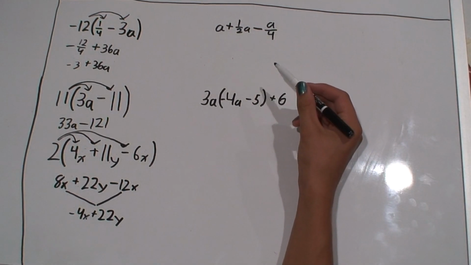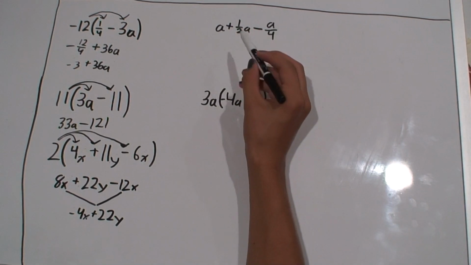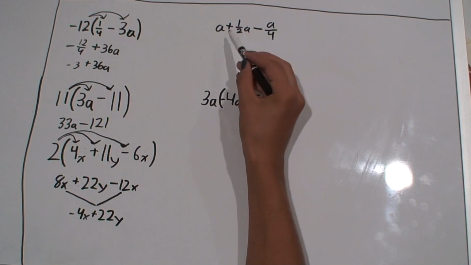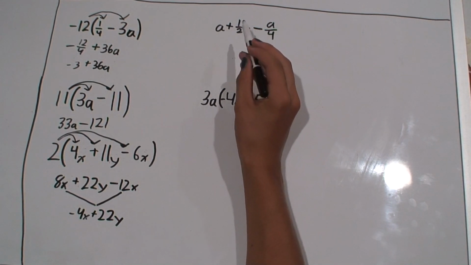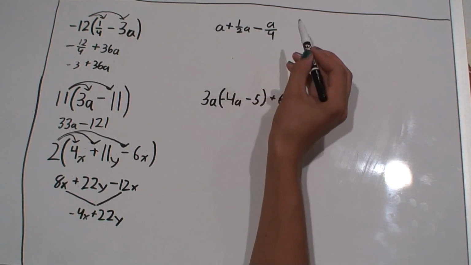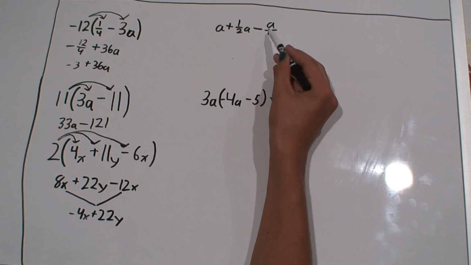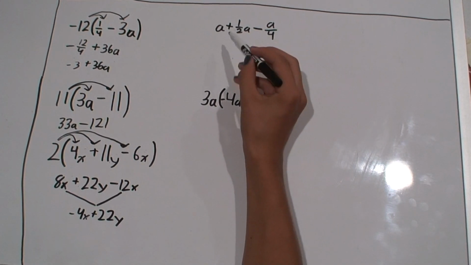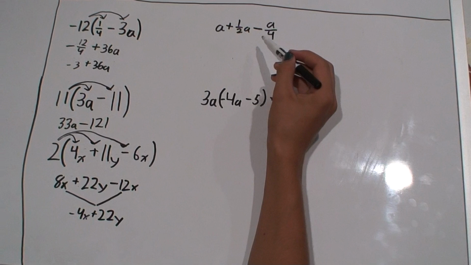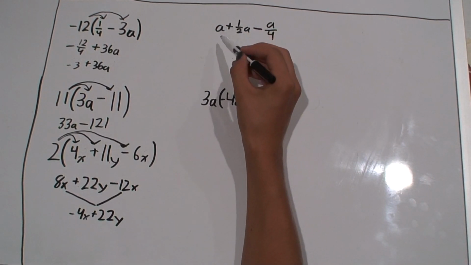This one over here is more of combining like terms. So we have a plus 1/2 a minus a over 4. So all of these are compatible with each other.